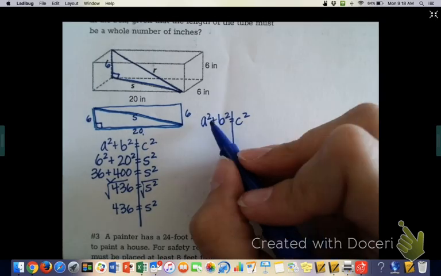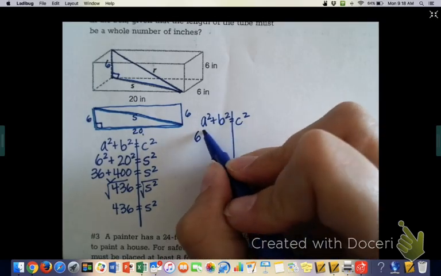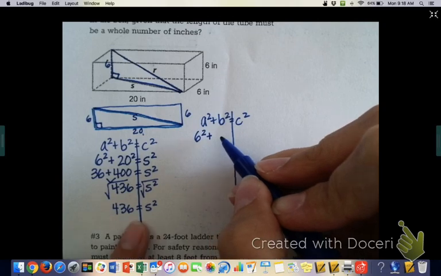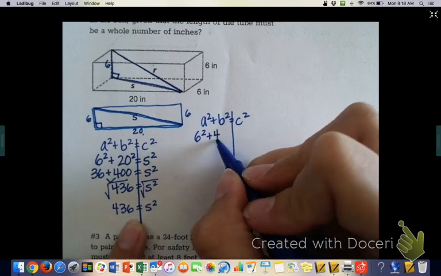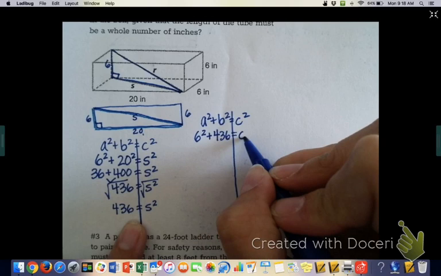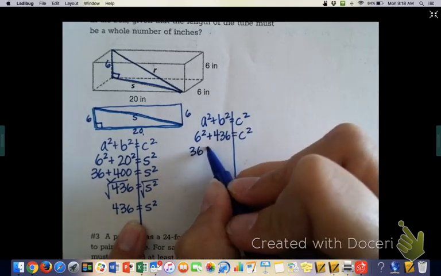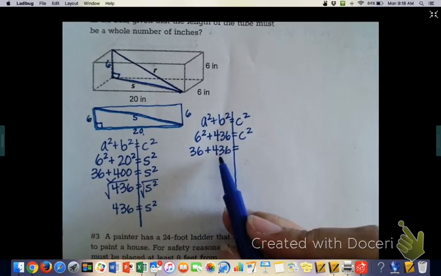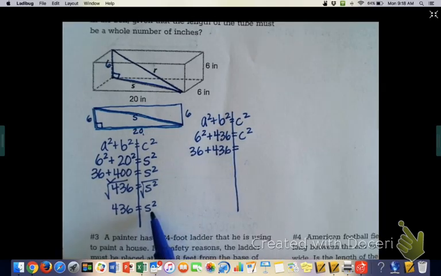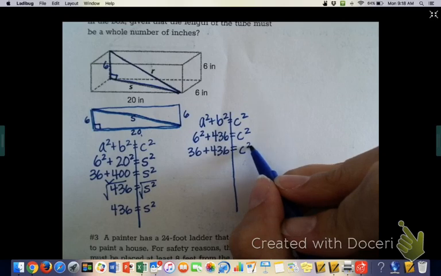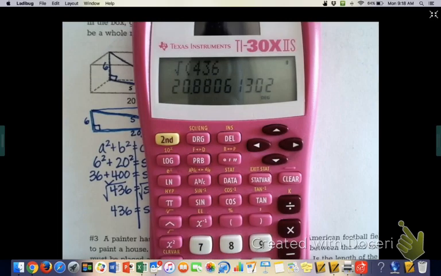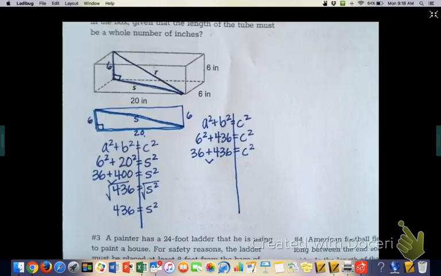So we're going to take 6 squared plus S squared, but we already found S squared, which is 436. Okay, 6 squared is 36, plus your 436, and again, I didn't have to re-square that because I already squared it earlier, and that equals our c squared. So let's add these two together, 436 plus 36, and that equals 472.